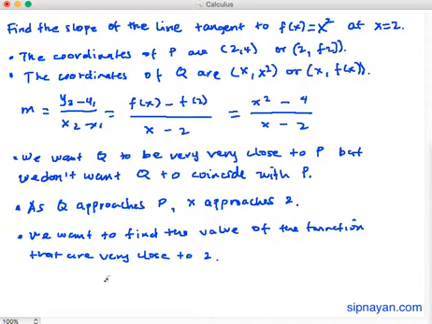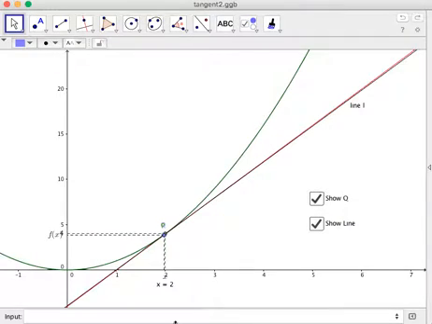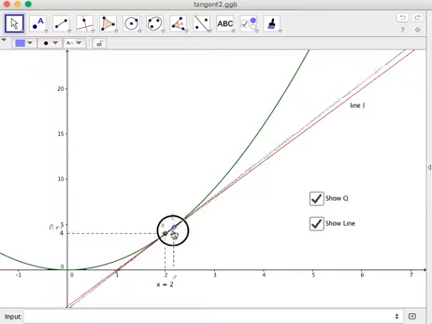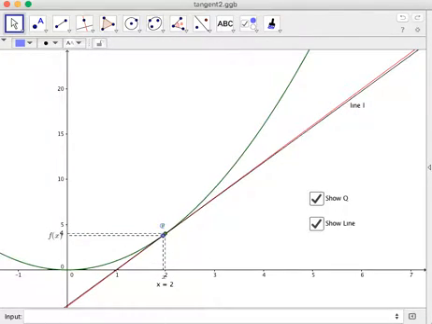Ano yung mga values na yon, di ba? Pag ito ay 2, meron dalawang values, yung to the right and to the left, no? Of 2. So this is 1, this is 2, this is 3. So nandito yung 3, nandito yung 1. So from both sides, ano yung mga values na malapit sa 2, no?